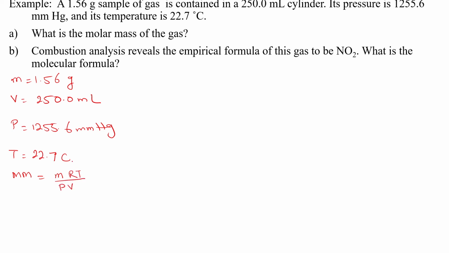Since we are using R here, we have to make sure that this volume is in liters and pressure is in atmospheres. For temperature, regardless of whether you are using R or not, you have to make sure that the temperature is in Kelvin. So let's do the unit conversion.